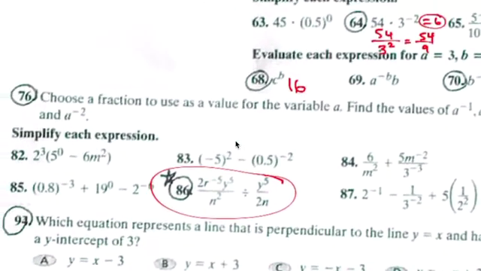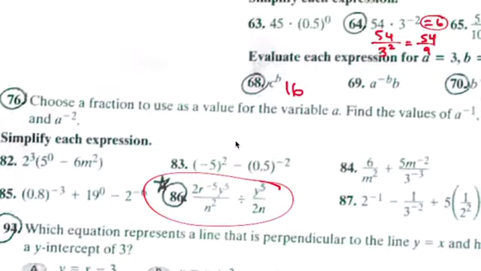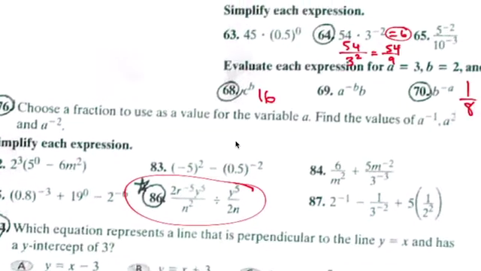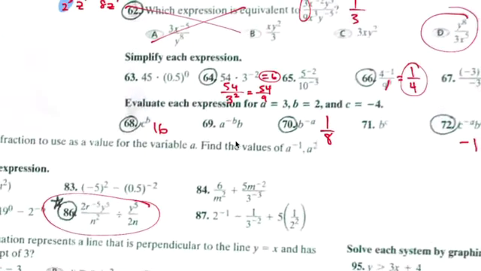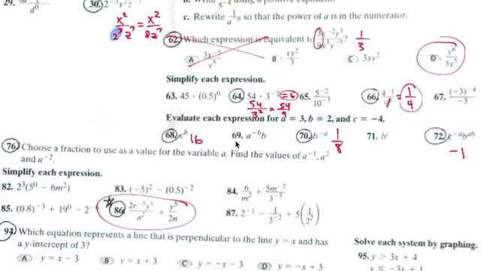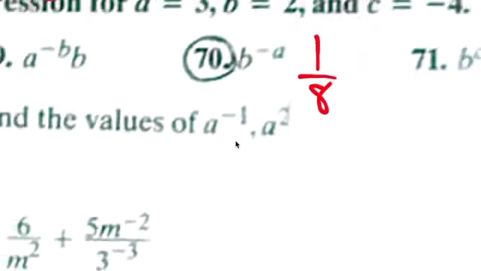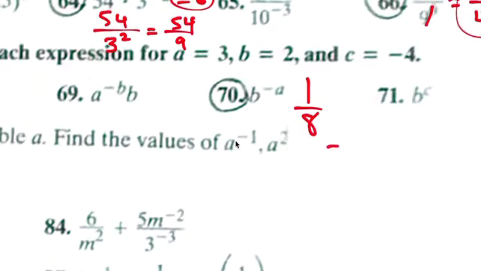Choose a fraction to use as a value for the variable a. Find the value of a to the negative 1, and a squared. So choose a fraction. So basically, any value of a. Let's say I want a equals 10. And then solve it. That's all on your own, you know.